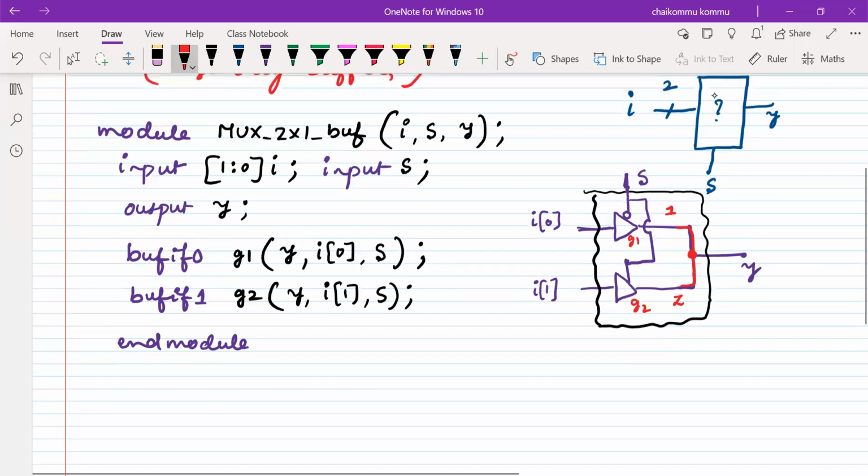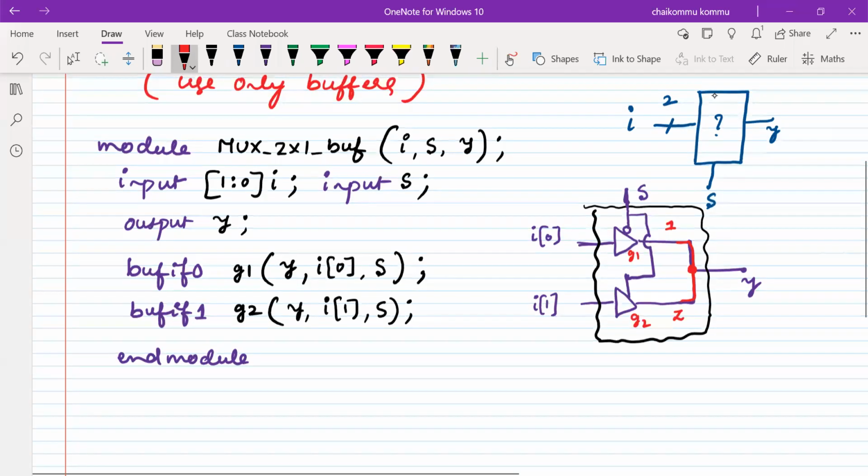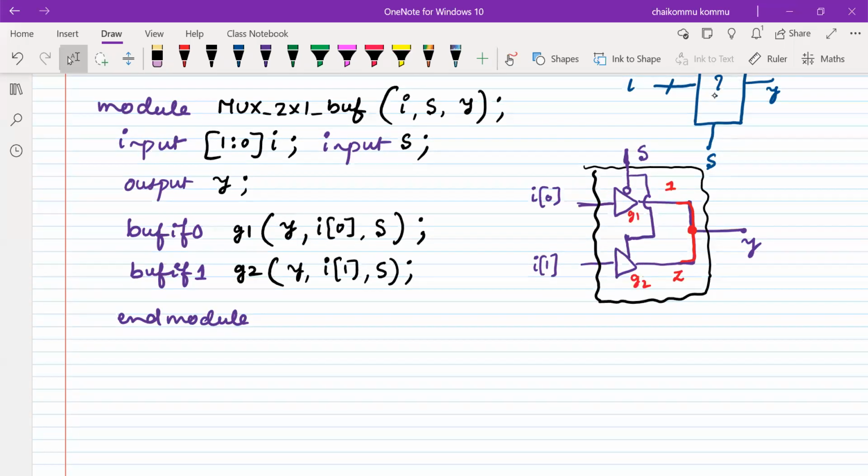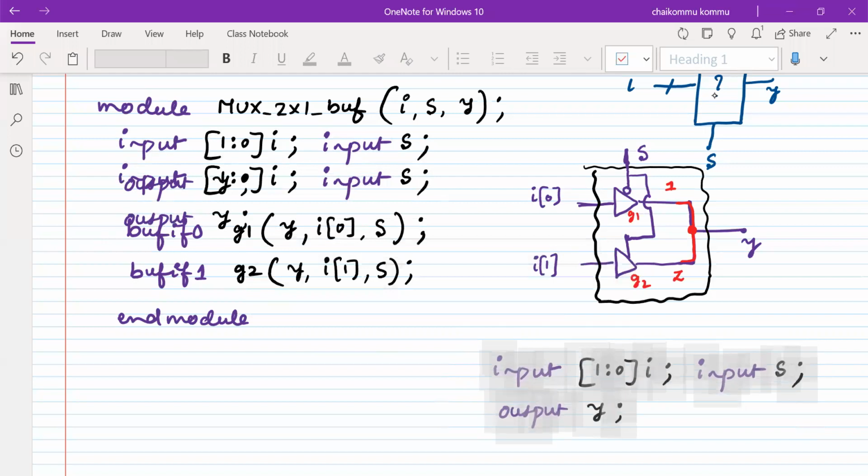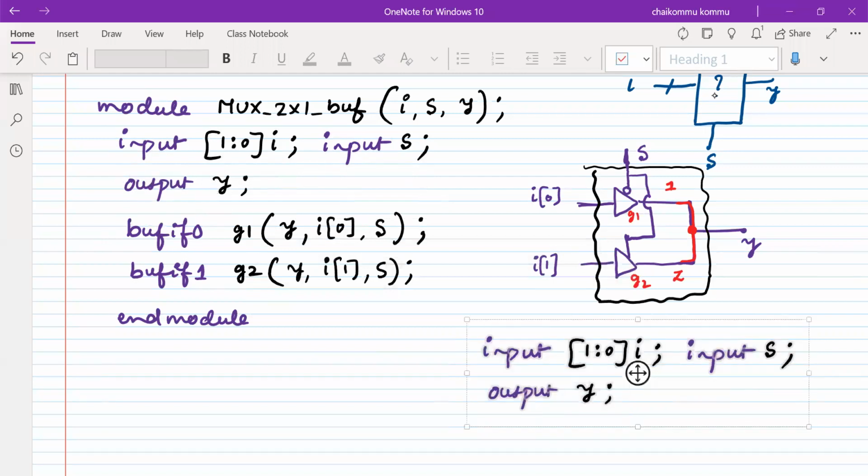So, default values for the inputs and outputs normally. So normally here we are writing, right? So you consider this one. So what is the default value of the input?